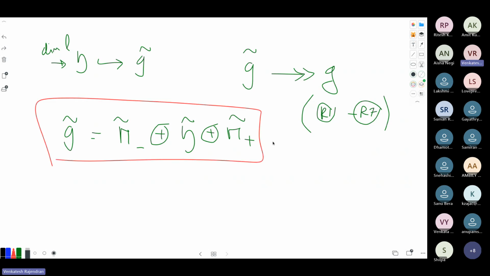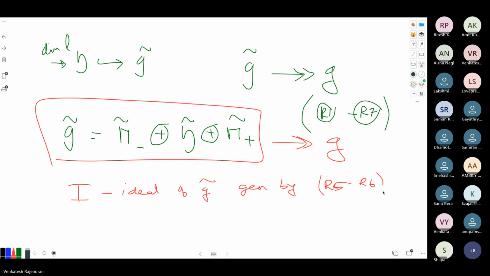So now from here, you are actually going to G by taking these extra relations, the Serre relations. But then what happens if you denote by I the ideal of G tilde generated by the Serre relations R5, R6? Those are all looking like this: ad Xi to the power 1 minus Aij of Xj is 0, and ad Yi to the power 1 minus Aij of Yj is 0.